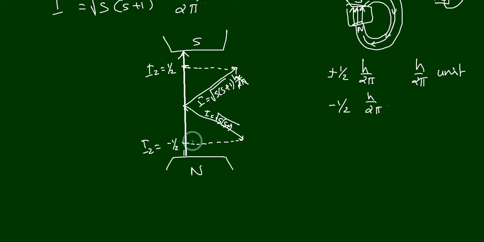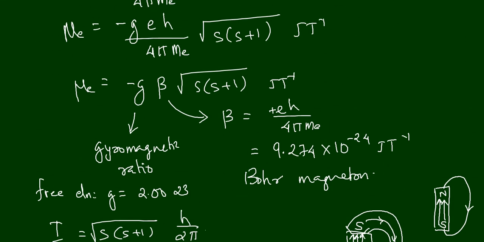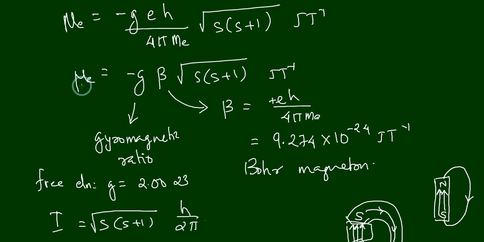Now, what about the magnetic moment? We already learned that associated with the spin angular momentum there is a magnetic moment, and the expression for the magnetic moment is equal to minus g into beta into root of s into s plus 1.